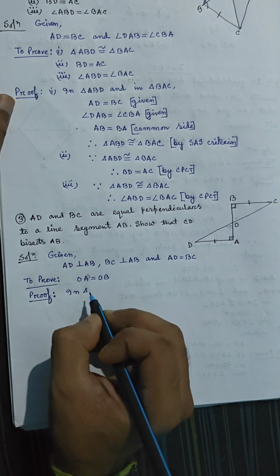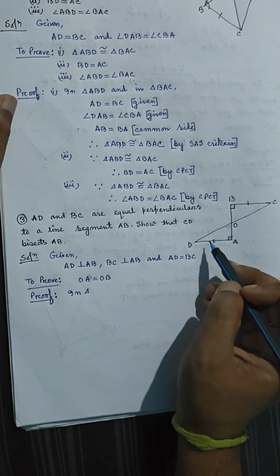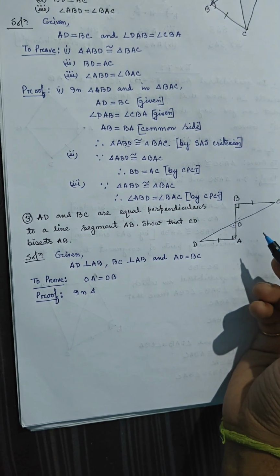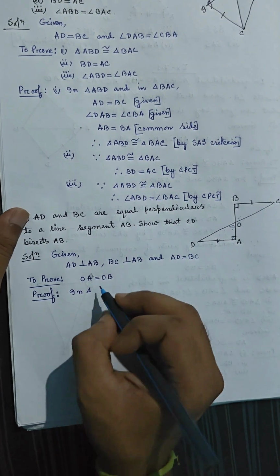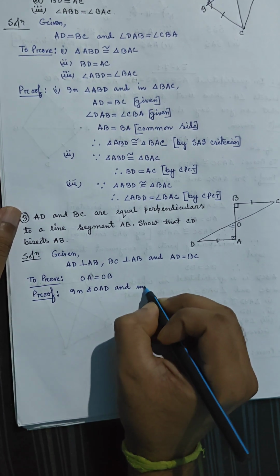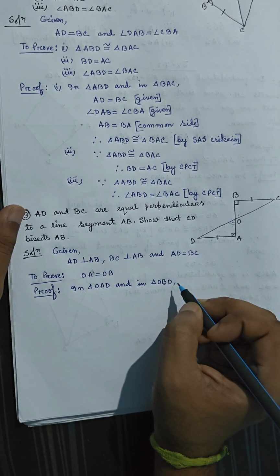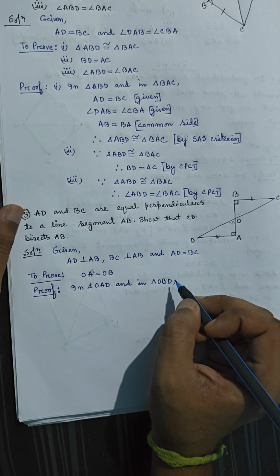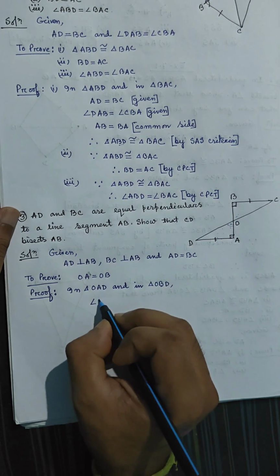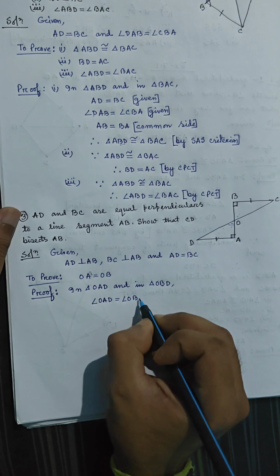In triangle, see, if I say OAD, then I have to say OBD. In triangle OAD and in triangle OBD, since we have to apply AAS, we'll write angle OAD is equal to angle OBD.